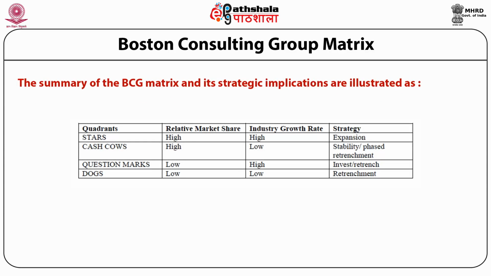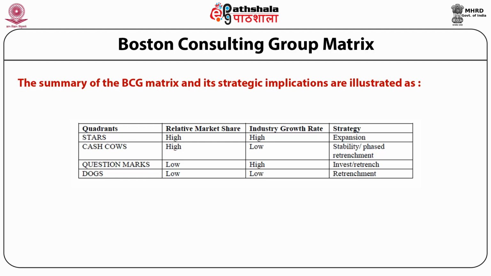Stars. They have relatively high market share, high industry growth rate, and the strategy recommended is expansion. For the cash cows, the relative market share is high, industry growth rate is low, and the strategy recommended is stability or phased retrenchment.